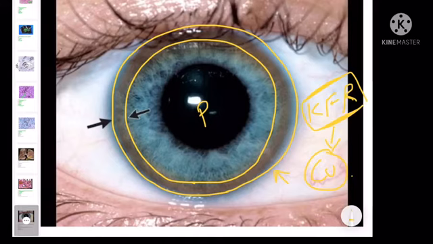Which layer of the cornea is it in? The Descemet's membrane. So the Kayser-Fleischer ring, a golden brown color, needs no stain, it gives color by itself. It is in the Descemet's membrane, and the disease where we can find this accumulation is Wilson disease.